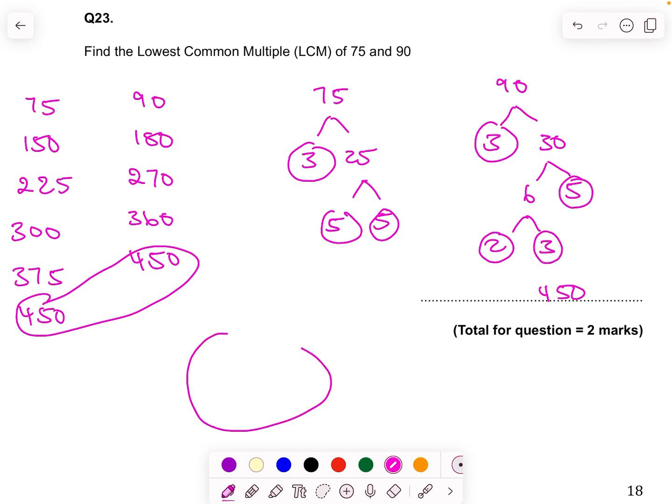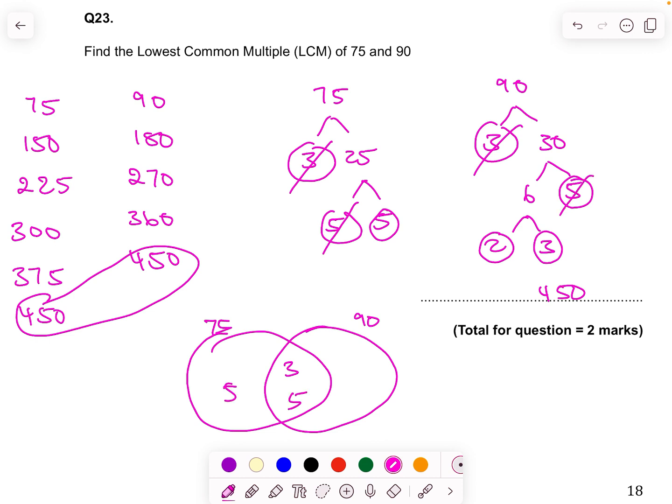Draw your Venn diagram of 75, 90. There's a 3 that goes in the middle. There's a 5 that goes in the middle. A 5 left over here, and a 2 and a 3 left over here.